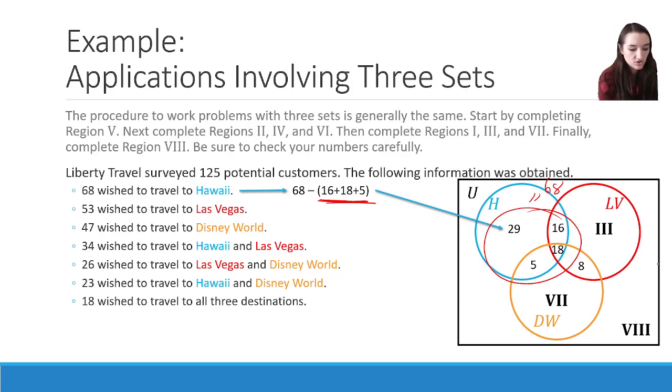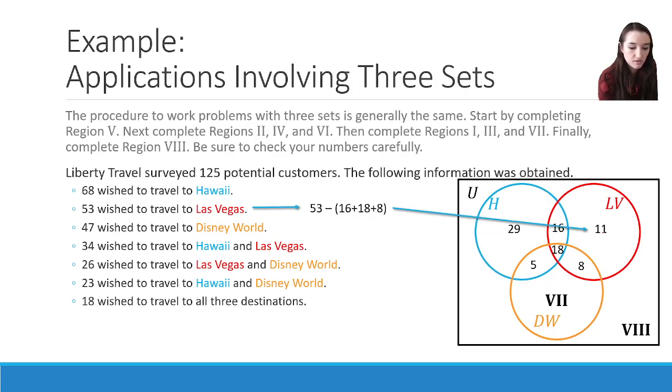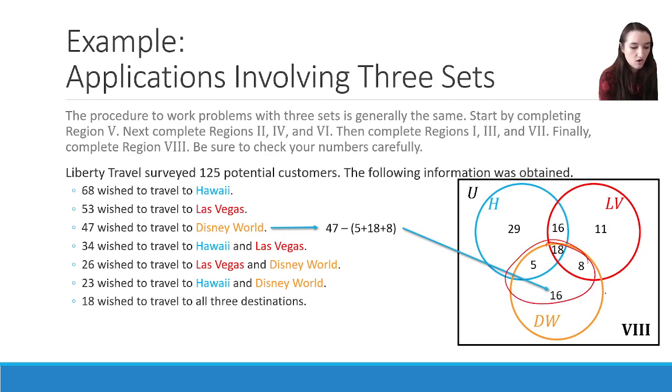Next, we go on to Las Vegas. Las Vegas should all add up to 53. 16 plus 18 plus 8 plus 11, that's 53. And then Disney World should all add up to 47. 5 plus 18 plus 8 plus 16, all of this adds up to 47.